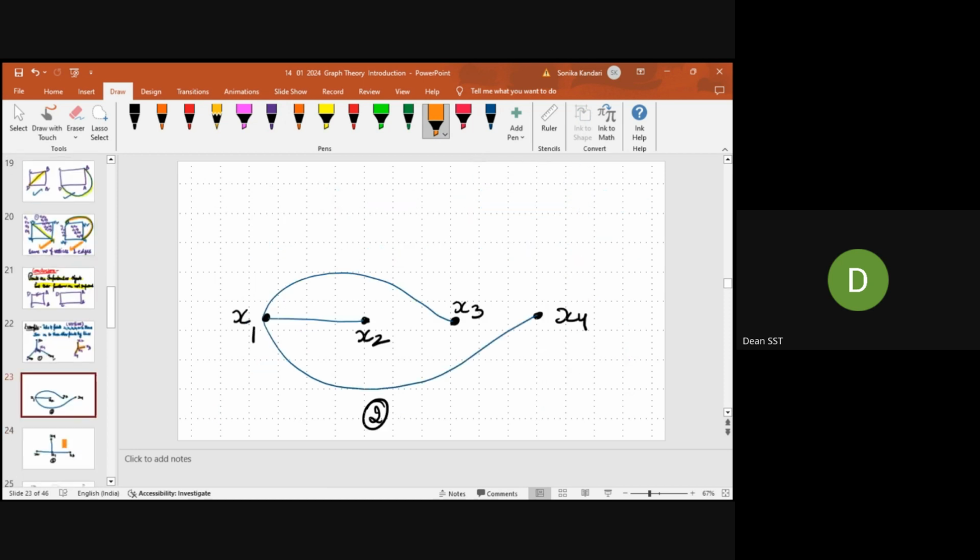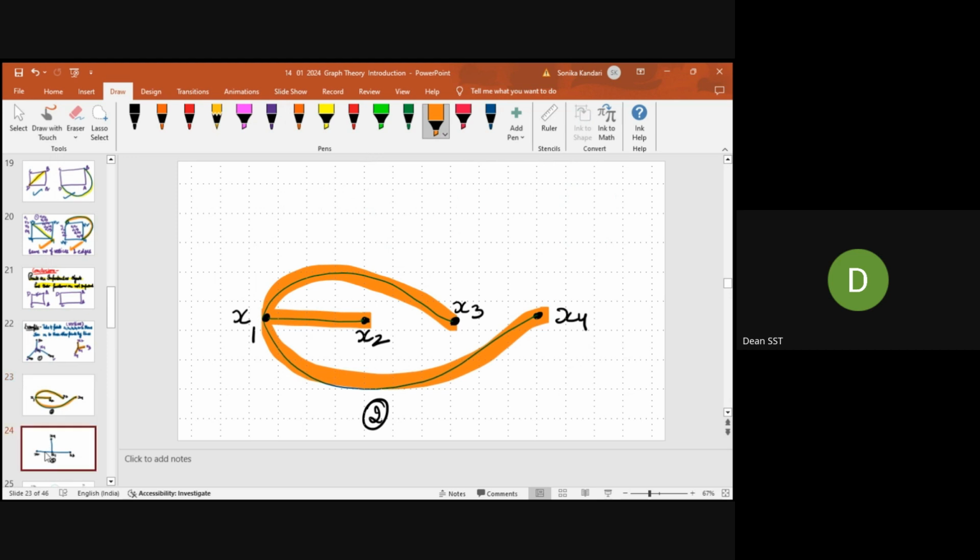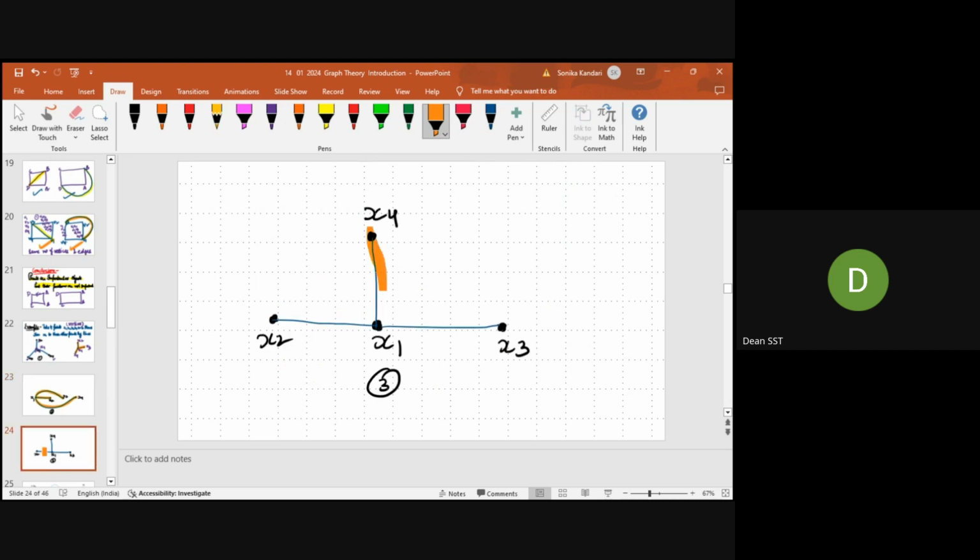We have other ways also, like x1 to x2, x1 to x3, and x1 to x4. This is another way we can join the points of a graph. This is another way, x1 to x4, x1 to x3, and x1 to x2.